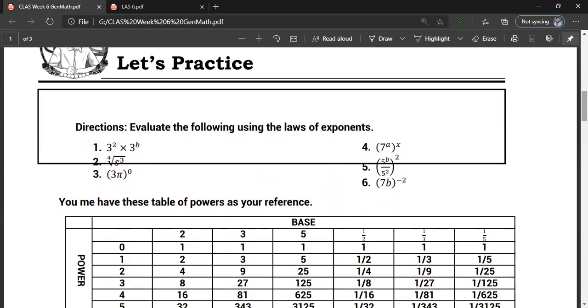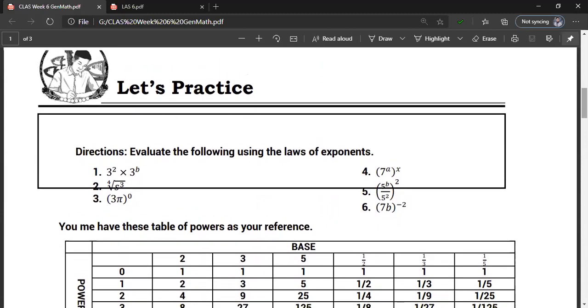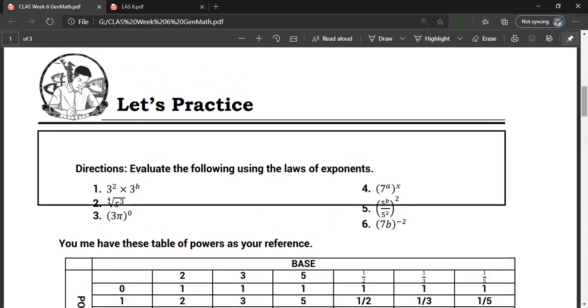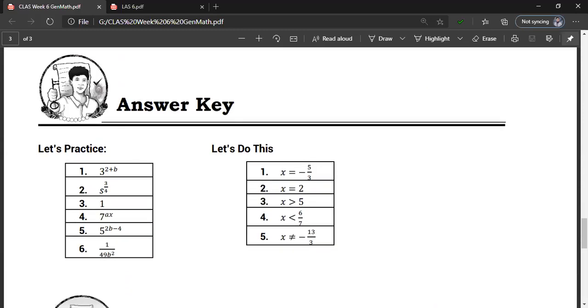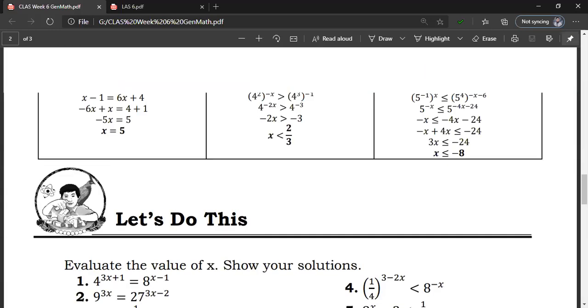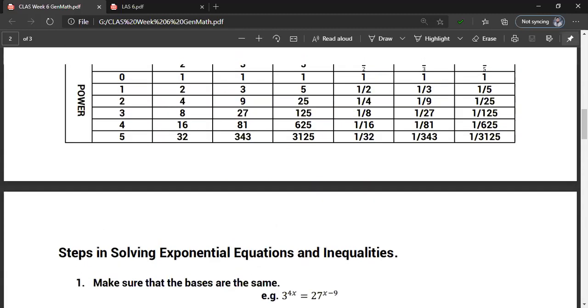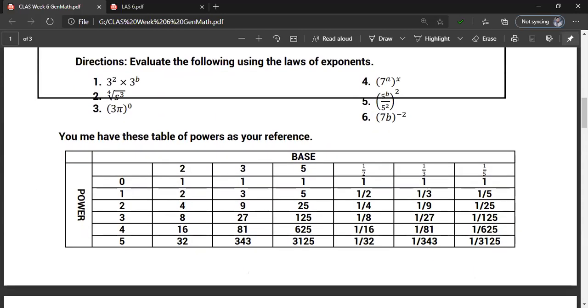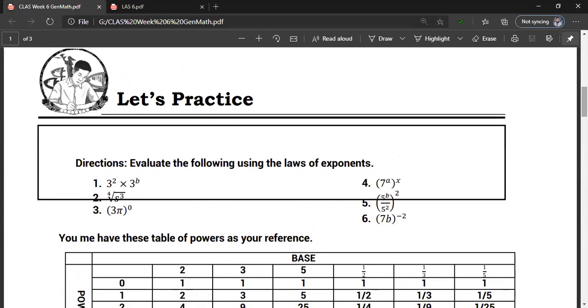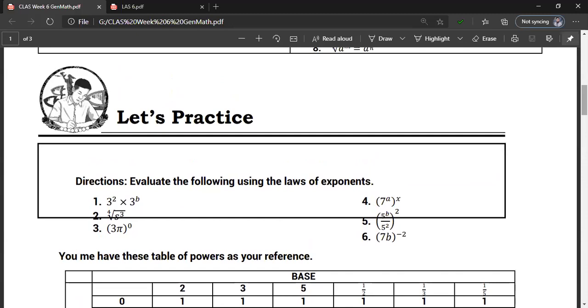Meron tayong 6 items, and if you wish to check your answers, meron po tayong answer key at the end of our activity sheet. Yung let's practice, hindi naman siya required i-submit. Kung gusto niyo lang sagutan or practicean, bahala kayo, depende sa sipag level ninyo. Basta yung learning activity sheet na laging pinapasa sa akin, yun yung kailangan nyong ipasa.